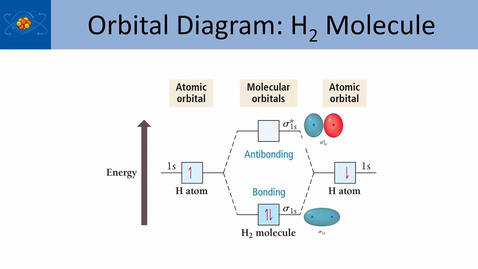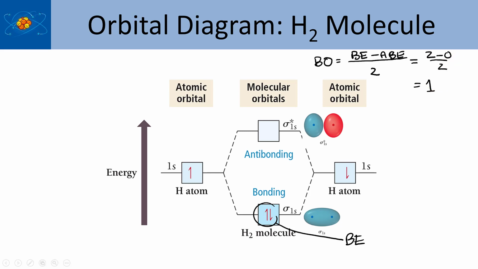If I want to calculate the bond order for this particular molecule, BO is what I'll call it, is equal to the bonding electrons minus the antibonding electrons divided by 2. So for this instance, there are 2 bonding electrons in the bonding molecular orbital, minus 0, divided by 2, and I get a bond order of 1, which is what you'd expect between 2 hydrogen atoms forming a single bond.